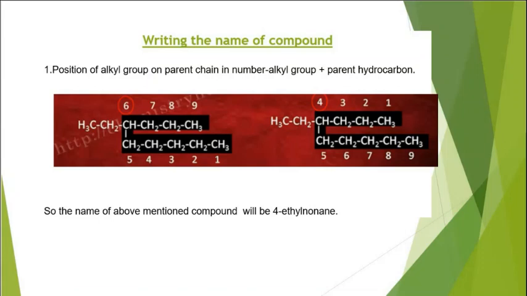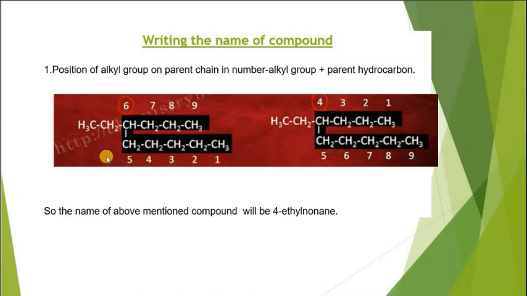There is a systematic system for writing the name as well. First of all, mention the position of alkyl groups on the parent chain, which is usually written in numbers, then name the alkyl group, and in the end write the parent hydrocarbon.